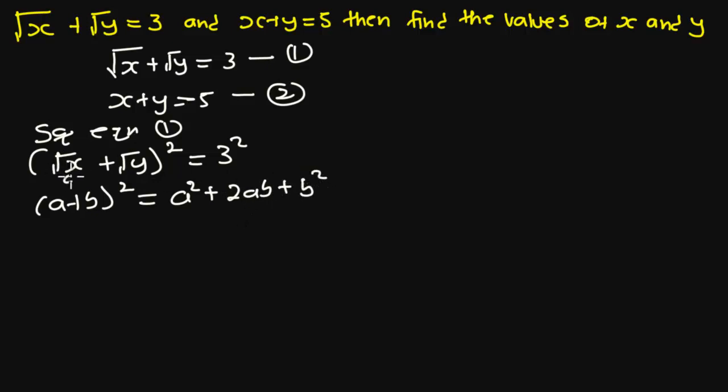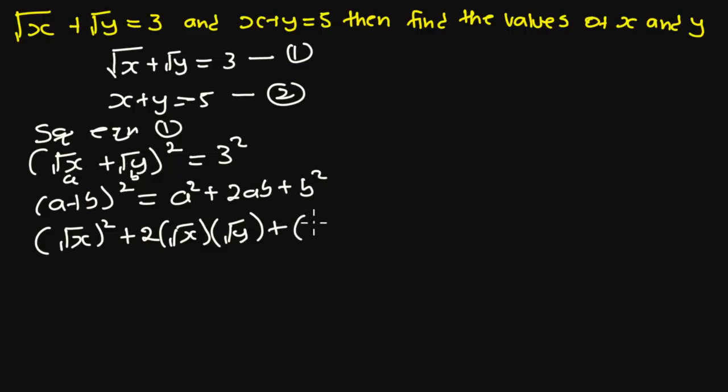So this becomes our a and then this becomes our b. So we are going to have the square root of x squared plus 2 multiplying ab. And a is square root of x and then b is square root of y. Plus we have b squared, and b is square root of y, and then we have squared is equal to 3 exponent 2 gives 9.